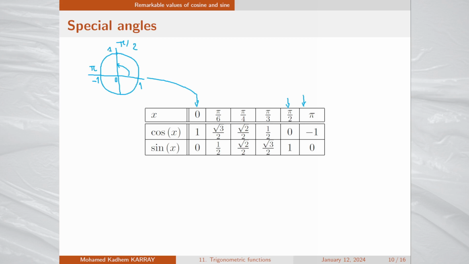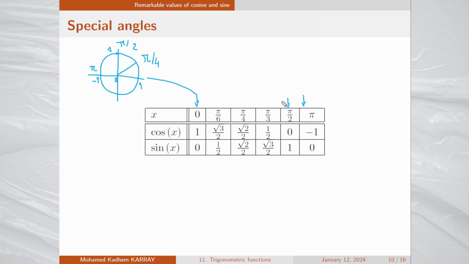Okay. There is a last angle for which we can also deduce easily the sine and the cosine values. I try to erase this. Okay. It is pi over 4. So let's draw again the y-axis and consider pi over 4, which is this angle here.